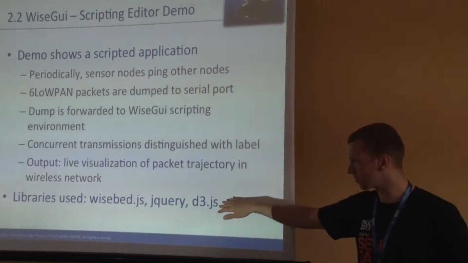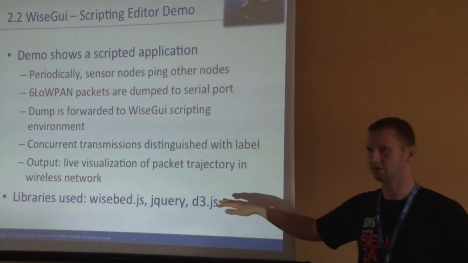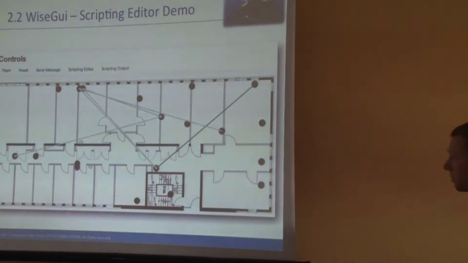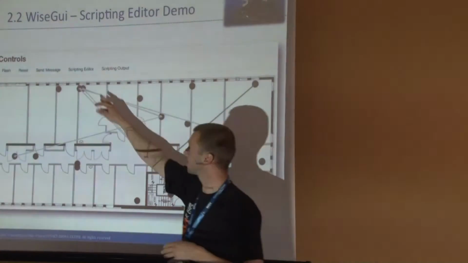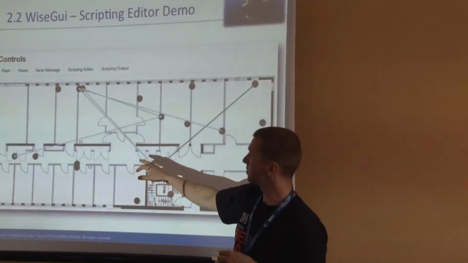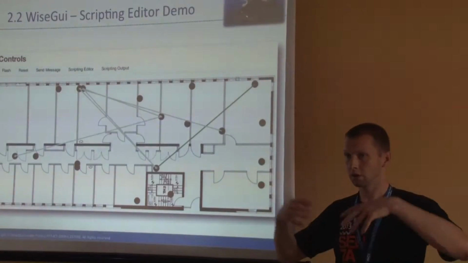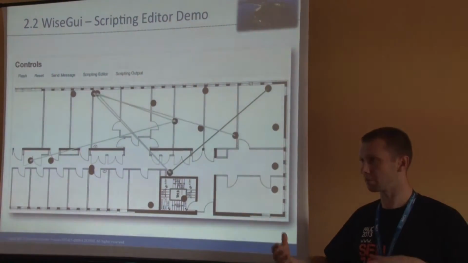We use some client libraries, the usual stuff. In case you don't know it, D3.js is a very nice and convenient library to work with any kind of data. And what you will see is that kind of output. So use the scripting editor here. And once you start a JavaScript application, it has the full power, the full feature set of JavaScript in a browser.